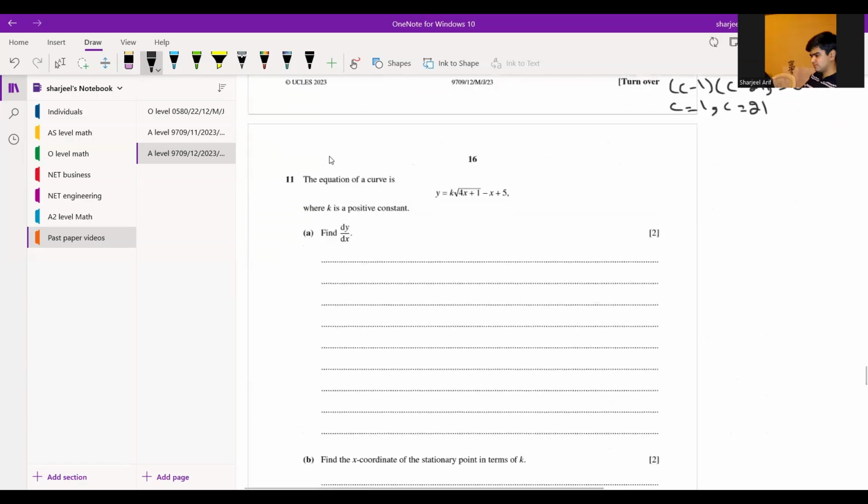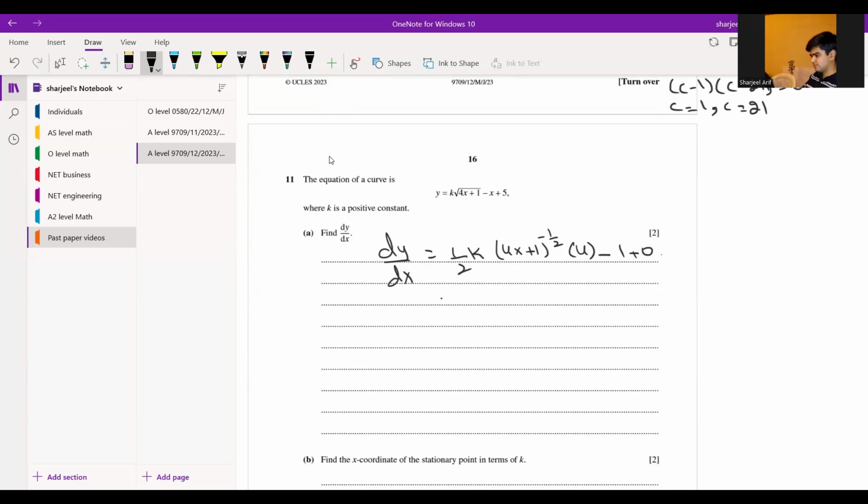Now for the last question, we have y = k square root of (4x + 1) minus x plus 5. We have to find dy/dx. So we will apply the power rule. This will become 1/2 k (4x + 1) to the power minus 1/2 into 4 minus 1 plus 0.